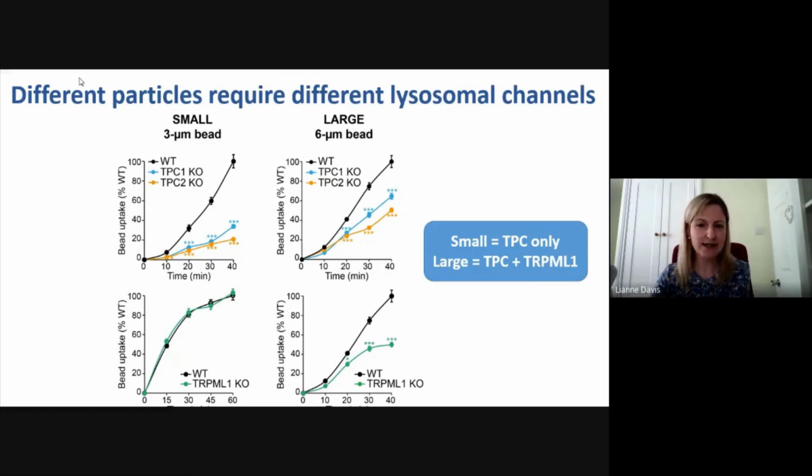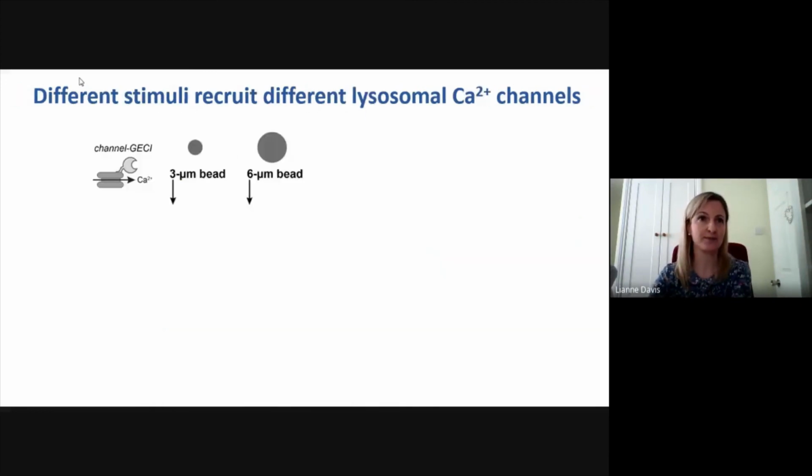So there's a size discrimination for TRPML1. This begs the question of why the differential reliance. And one possibility could be that these channels are differentially activated by different stimuli. So we therefore used our channel GCaMP approach to monitor each channel's activation with different size beads as stimuli.